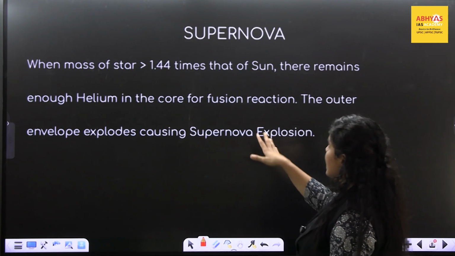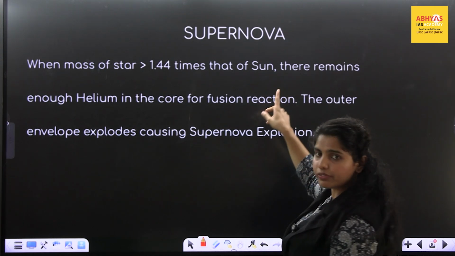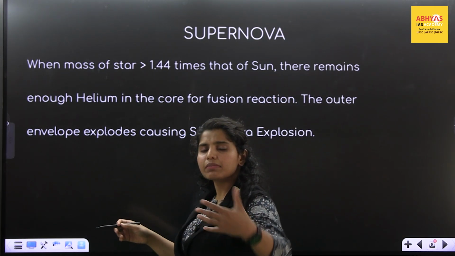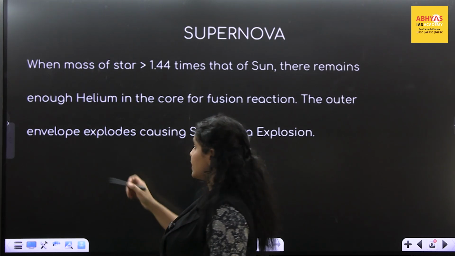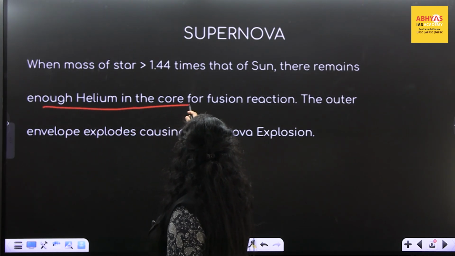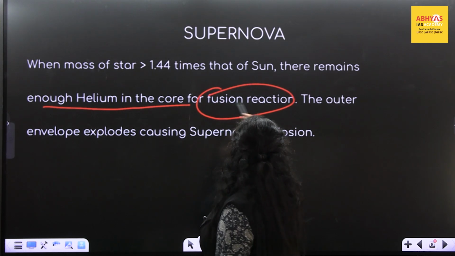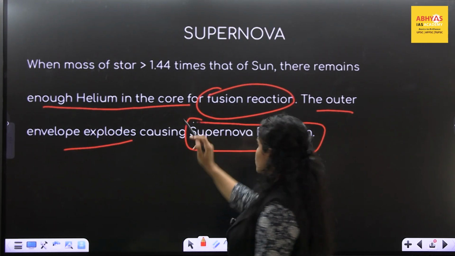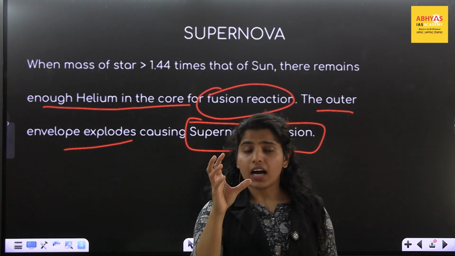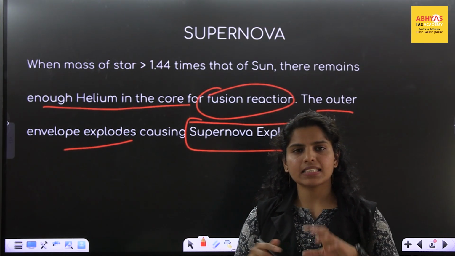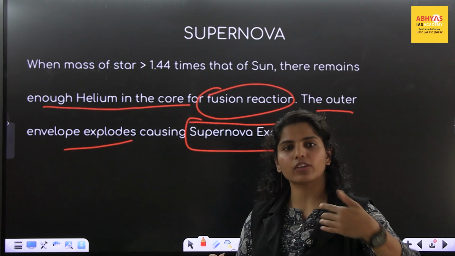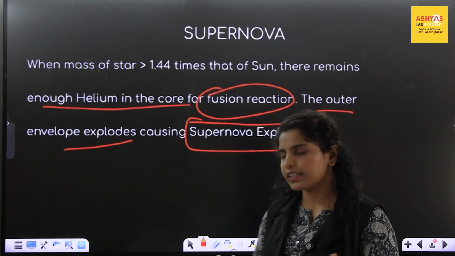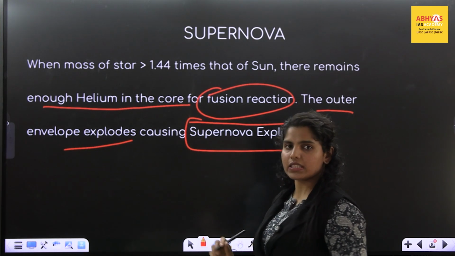If it is more than that and there is still enough helium in the core for fusion reaction, then the outer shell explodes, and this is called a supernova explosion.